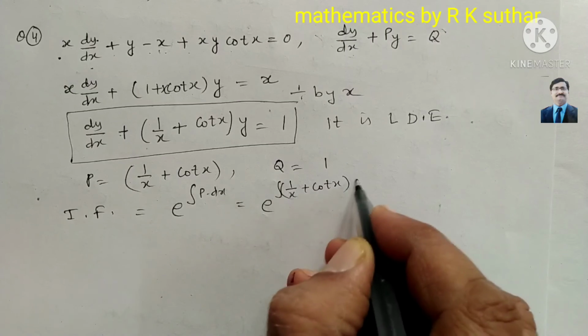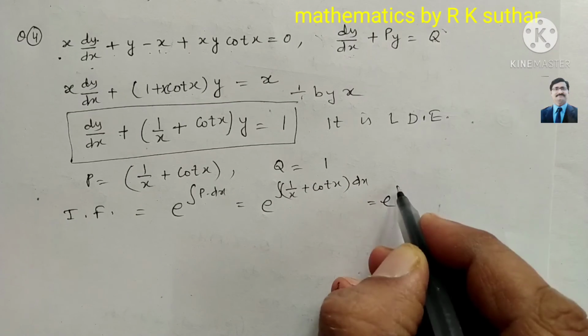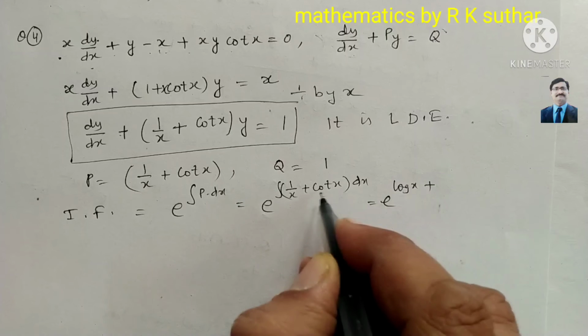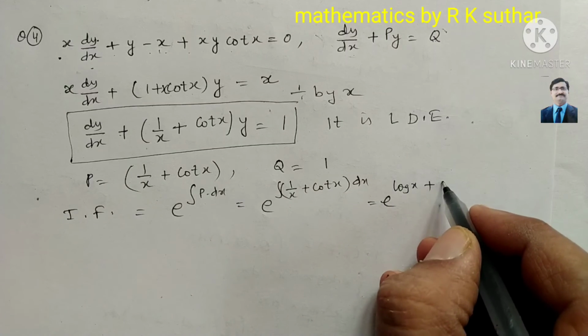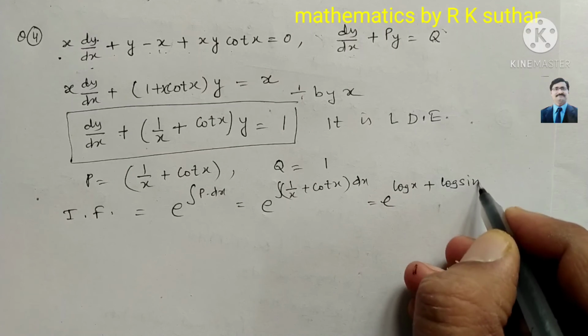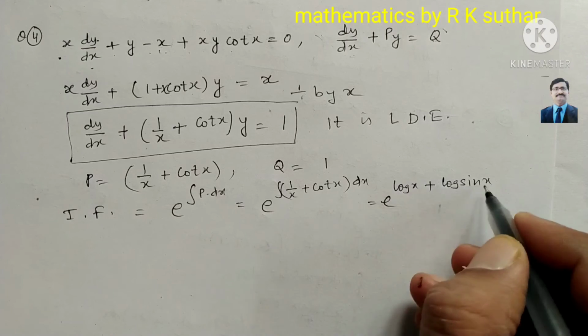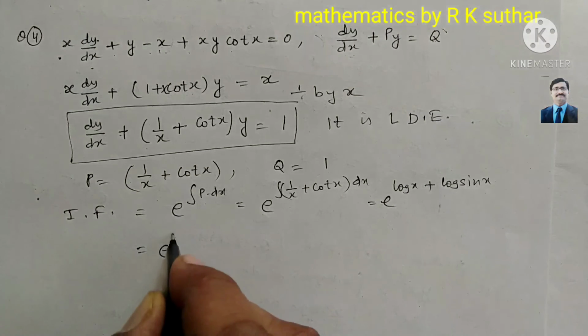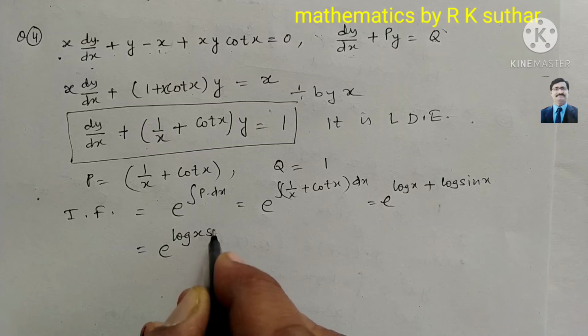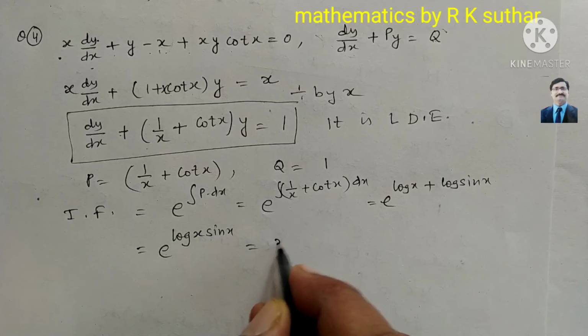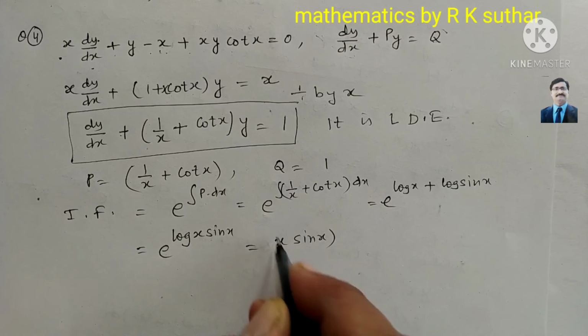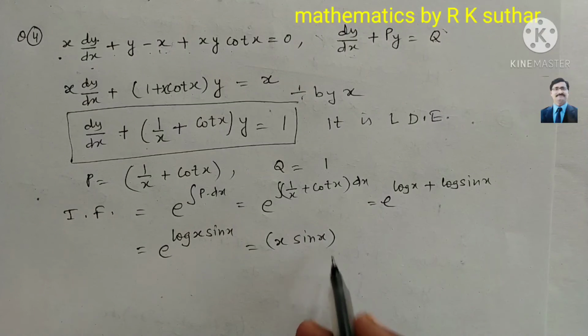The integral of 1 upon x is log x, and the integral of cot x is log sin x. By the formula log m plus log n equals log m n, we get log x sin x, so e power this is x sin x. So the integrating factor is x sin x.